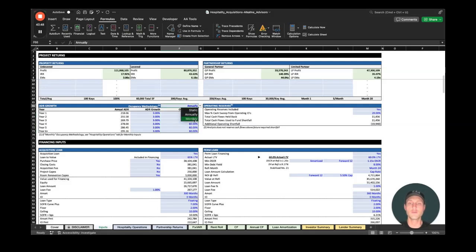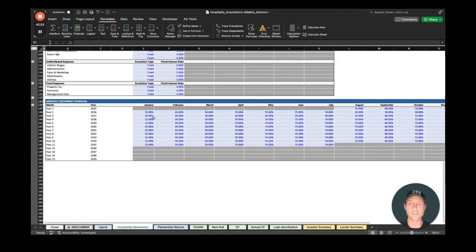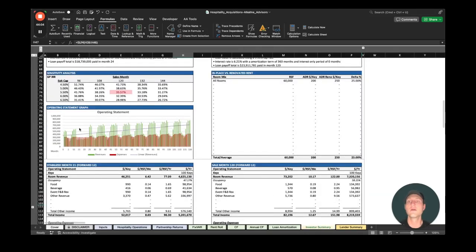If we toggle it to monthly and we go back to hospitality operations, scroll down, you'll see January we're at 25, February we're at 30% occupied, then 50, then 70, then 75. So it fluctuates pretty drastically. If we go back to the investor summary, boom, the chart updates automatically, and you'll see there's a dip here because we have additional low periods of occupancy in this time frame.